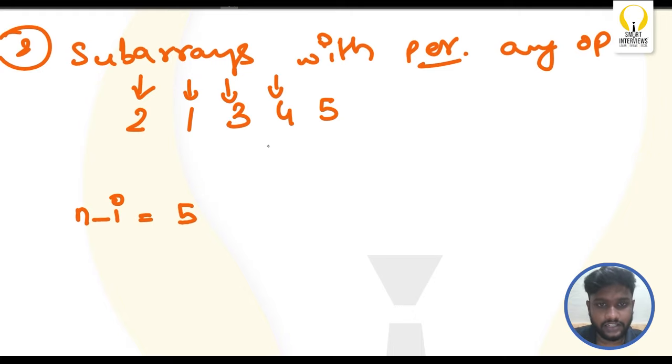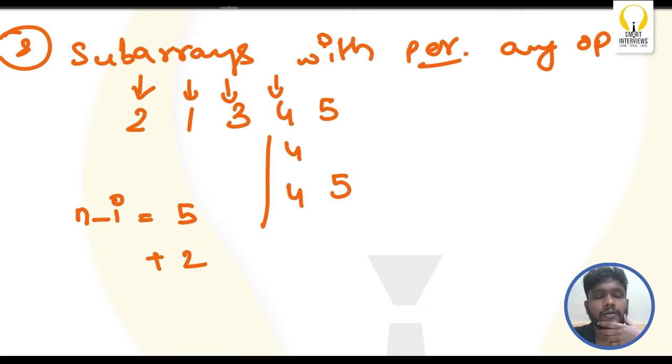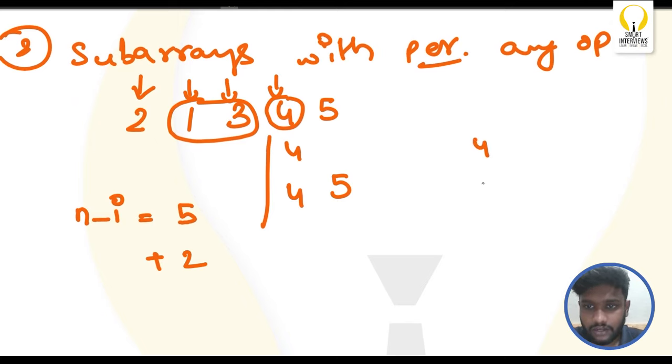Subarrays consisting of an even element: 4 is one, and 4 5 is one more subarray, so plus 2. Now if you think about it, since 4 is an even element, the subarrays starting from previous odd elements can also form even subarrays, right? That means I have 4 and 4 5 as subarrays which include 4.